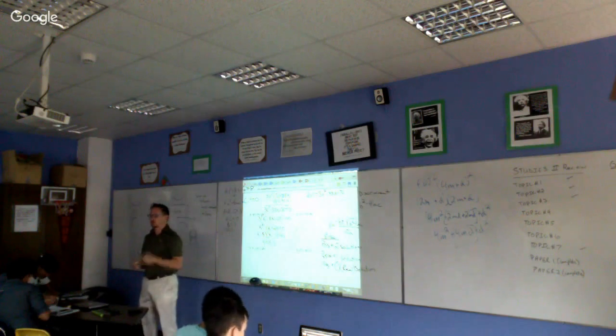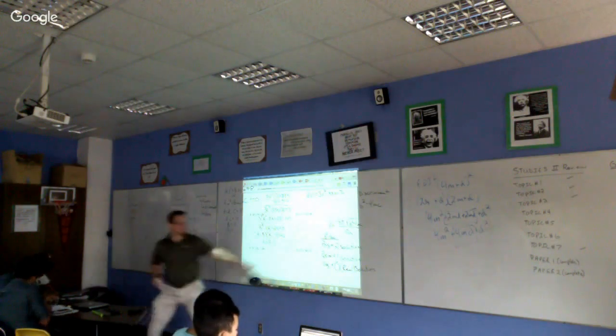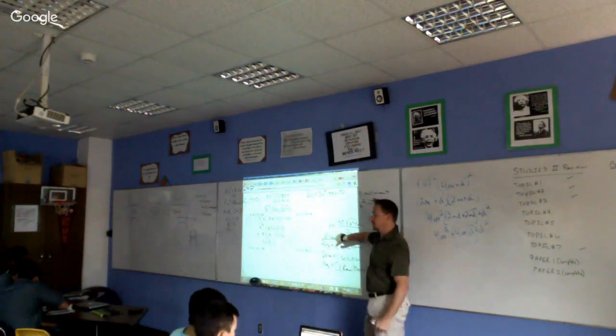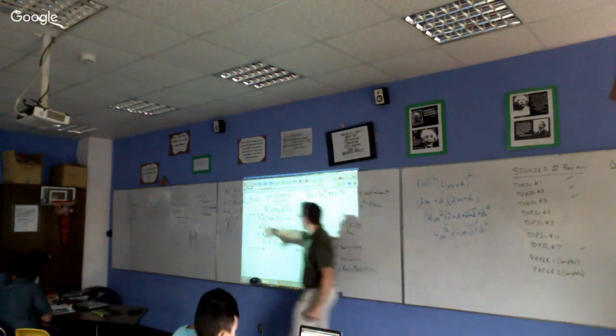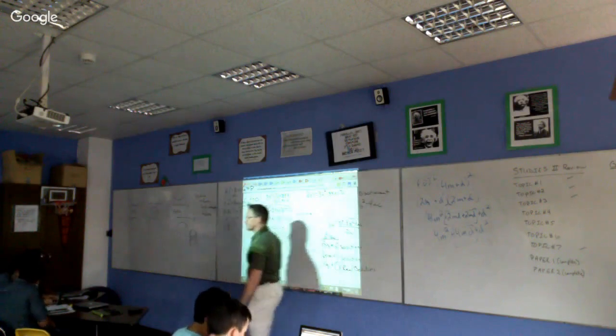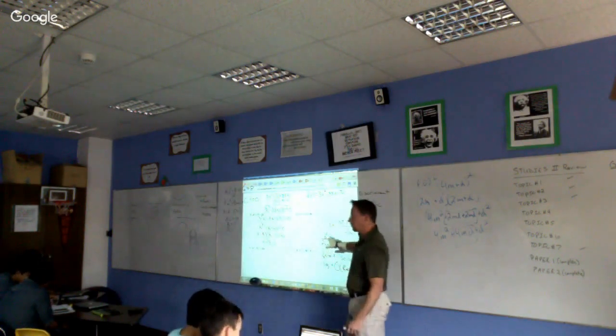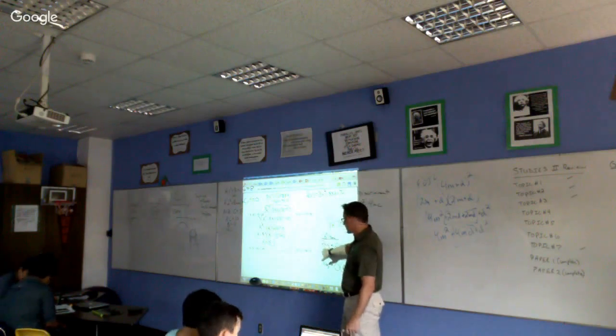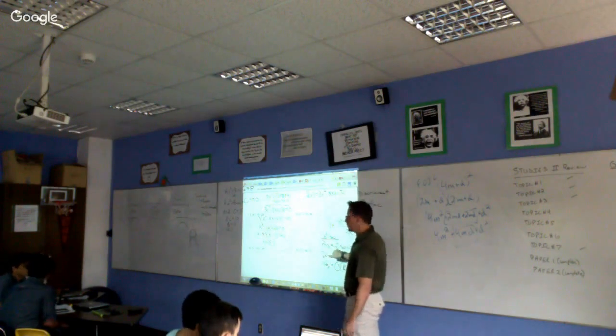How do you know, because usually we solve there for 2 solutions, but how do you know if it's 1 or 2? By just looking at this b squared minus 4ac. The a, b, and c are these a, b, and c. So if this discriminant is a positive number, I know I have 2 solutions.